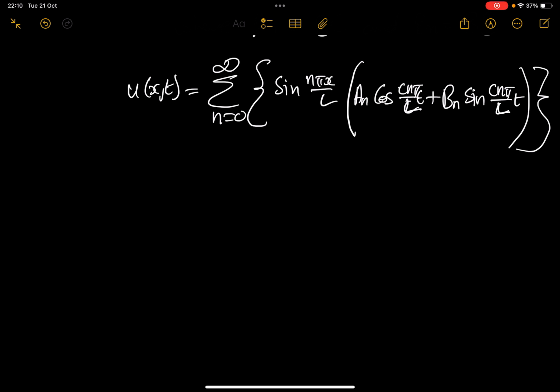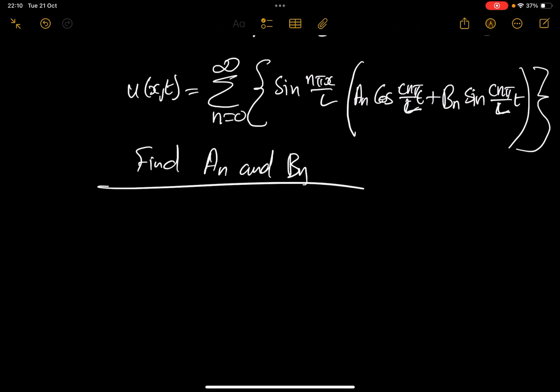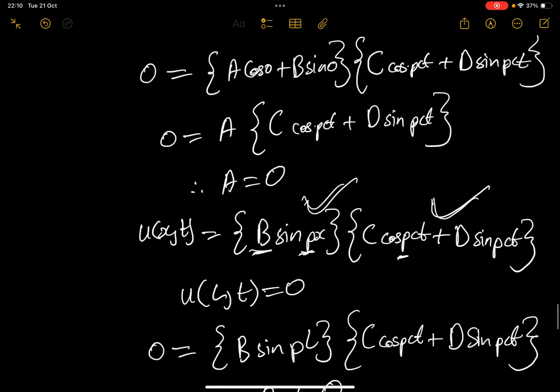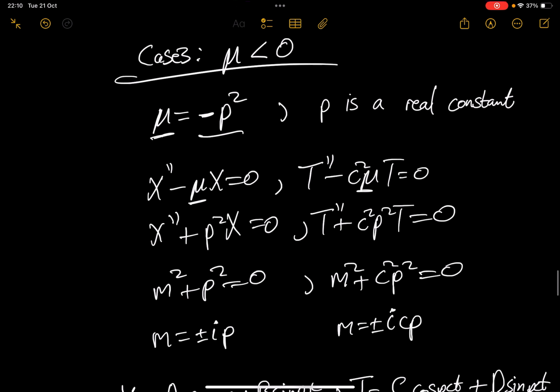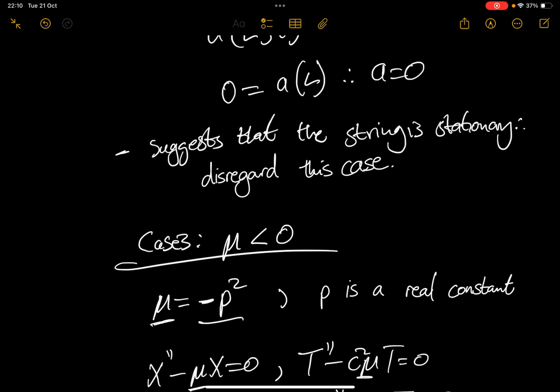But now, what is our task? Our task is to find an and bn. Once we find an and bn, we are going to prove that the general solution for this wave equation, when nu is less than 0, does exist, right?